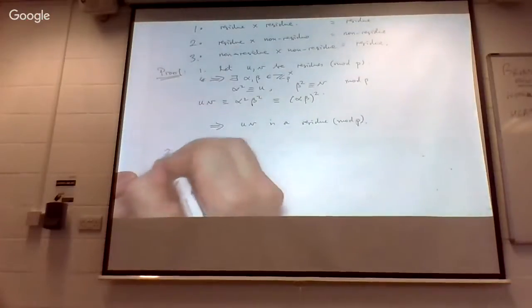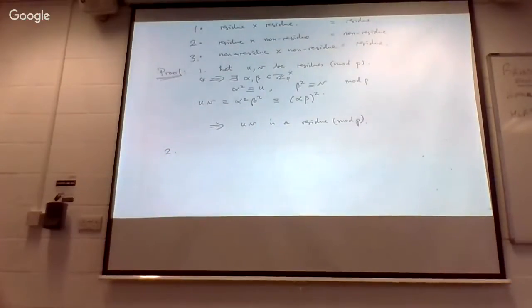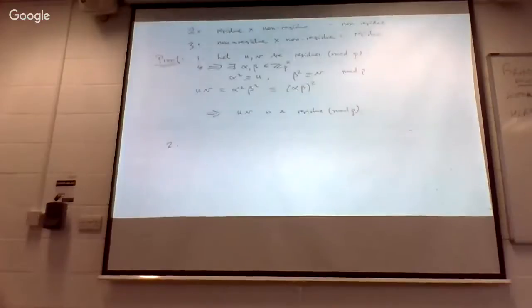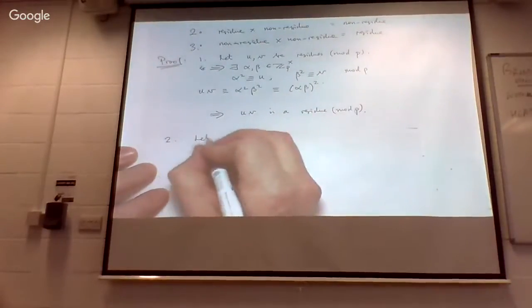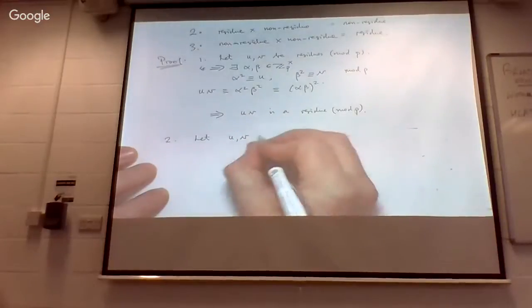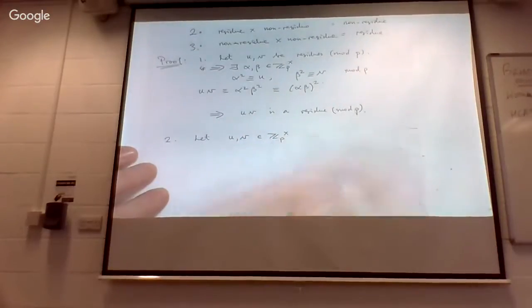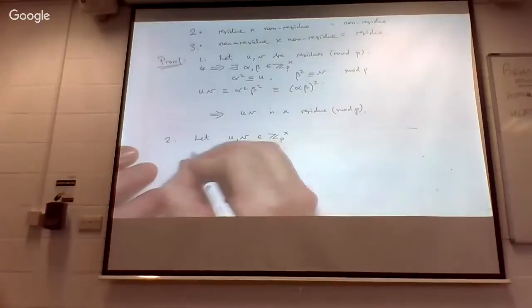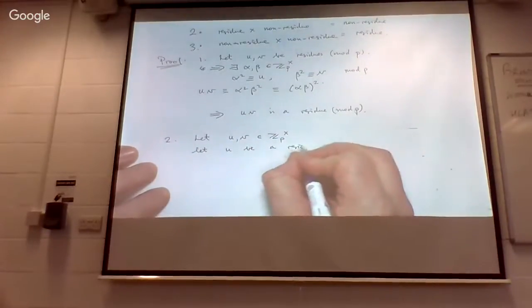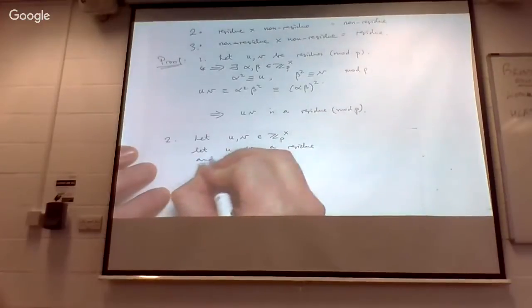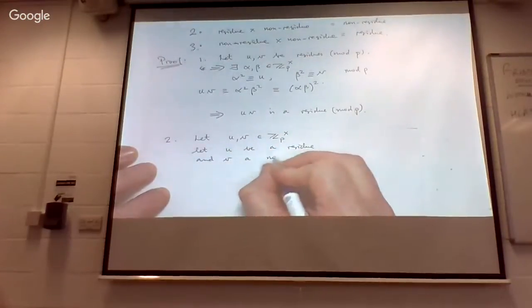Can we go for part two? So what do we say for part two? We say let u and v be elements of Zp. Let u be a residue and v a non-residue.